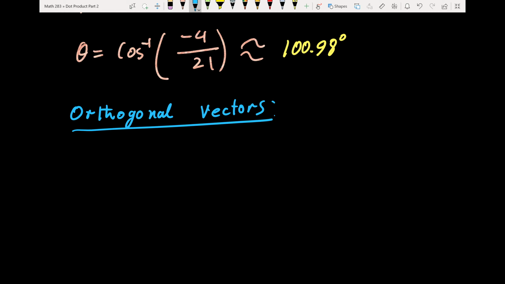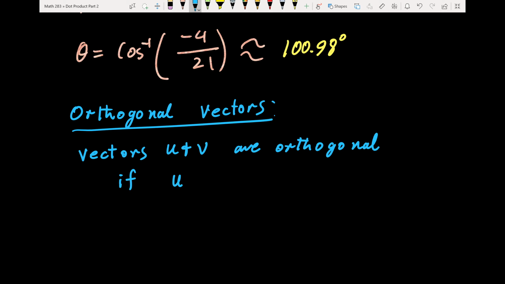It happens to be 90 degrees because when vectors u and v are orthogonal, the dot product is 0.